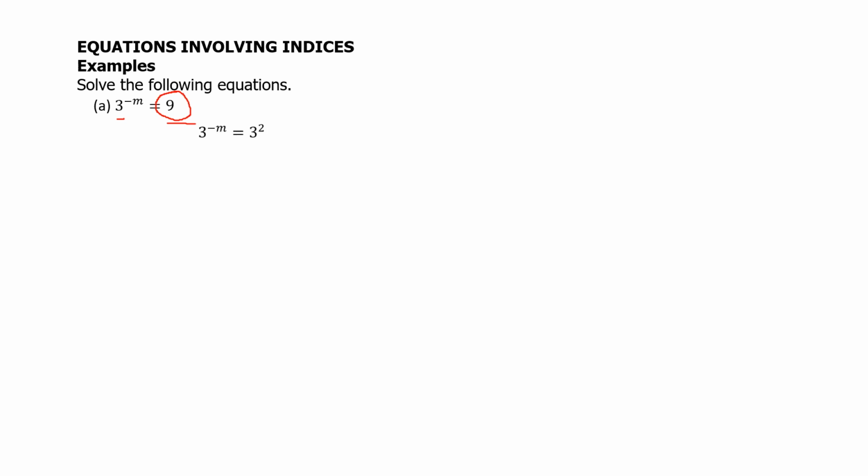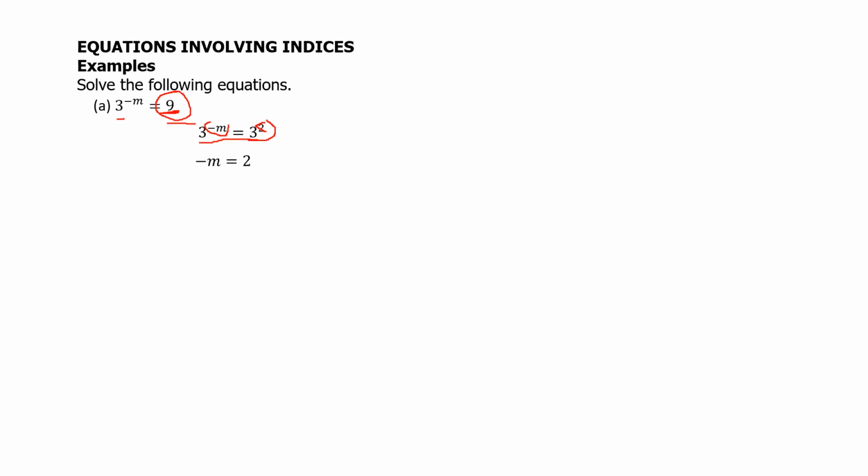So when you try to make a 9 to be having a base of 3, we are having 3 squared. Then on the next step, we just say that our power here is the same as our power there, simply because the base numbers are the same. Now we have the negative m to be equal to a 2.